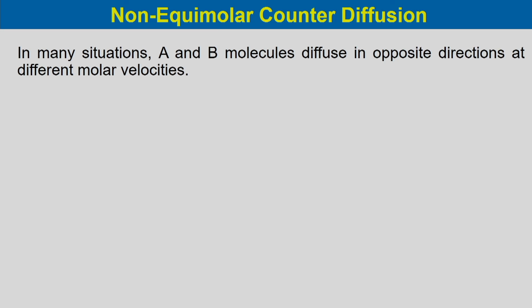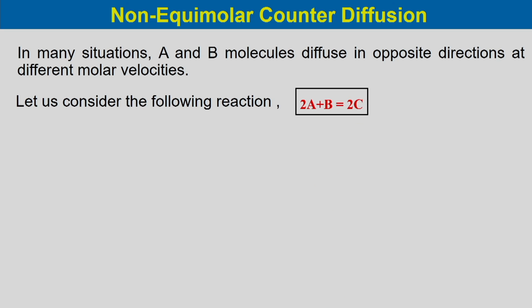For non-equimolar counter diffusion, in many situations A and B molecules diffuse in opposite directions at different molar velocities. Like, let us consider the following reaction: 2A plus B is equal to 2C.